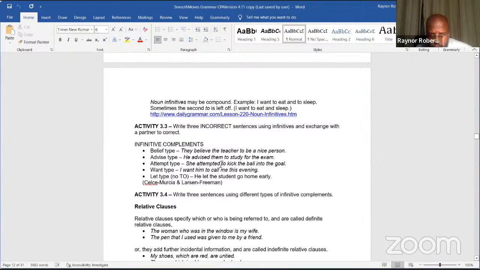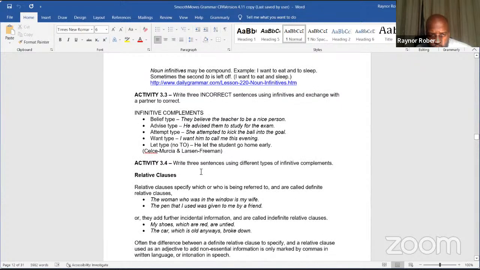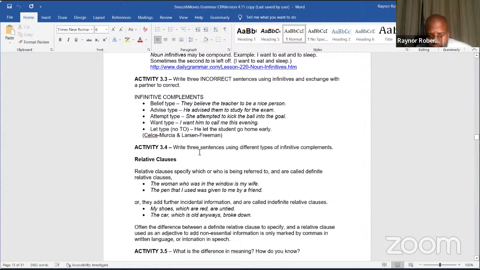Attempt type: she attempted to kick. Want type: I want him to call me. Let type: he let the student go home early. No to. There's no to. The point is to go home early, but we don't use the to here. So that's infinitive complements.